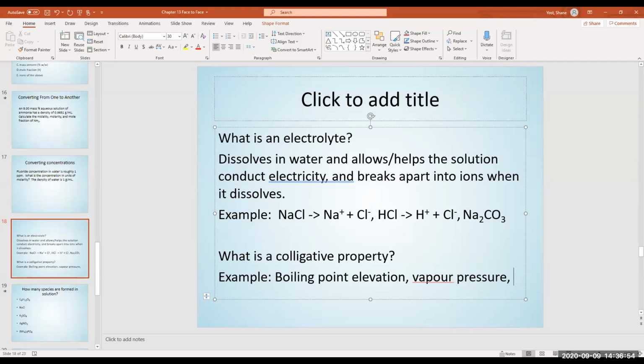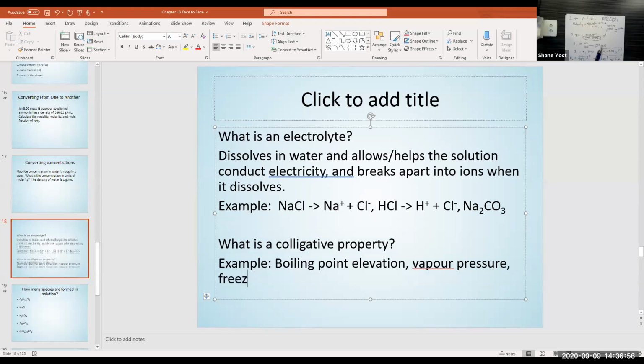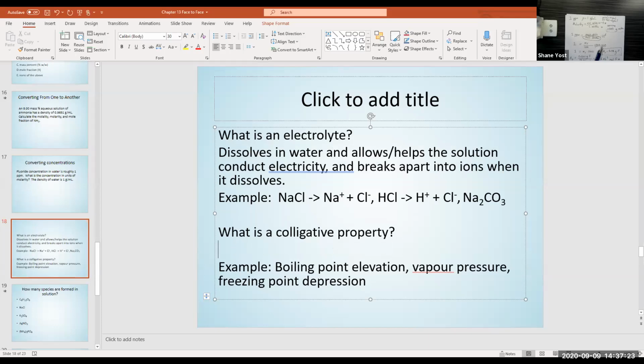Yeah, right. So freezing point depression, because this is the most common example. The freezing point of something changes when you add something. Like trying to define it without giving an example here.